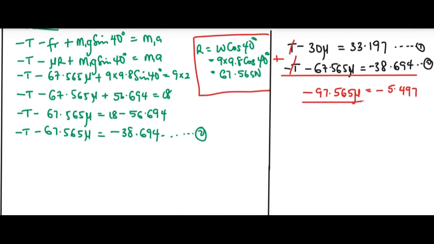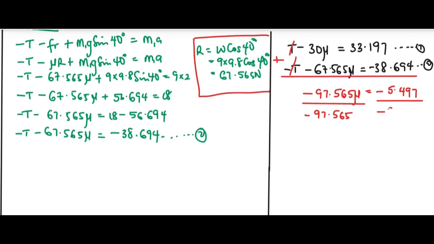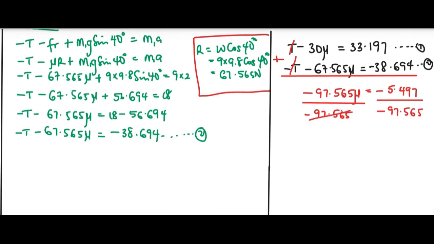Divide both sides by minus 97.565. This cancels out this. So we have mu equal to 0.0563.